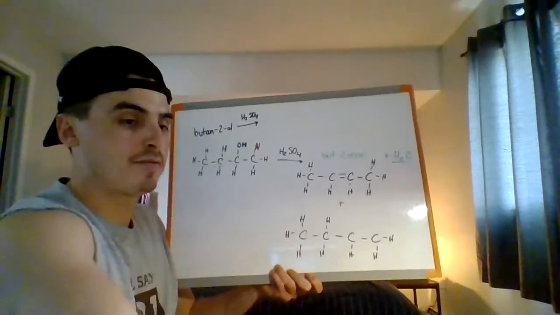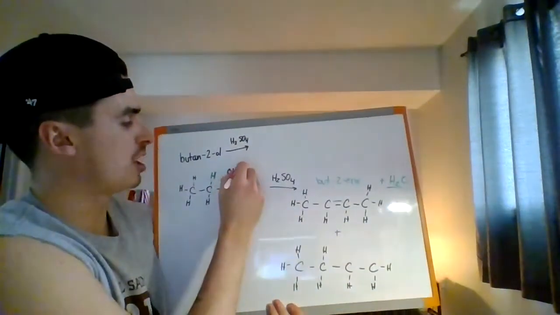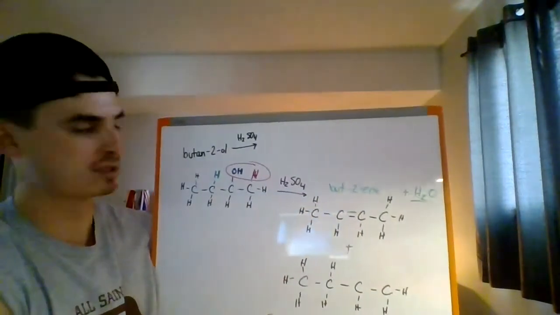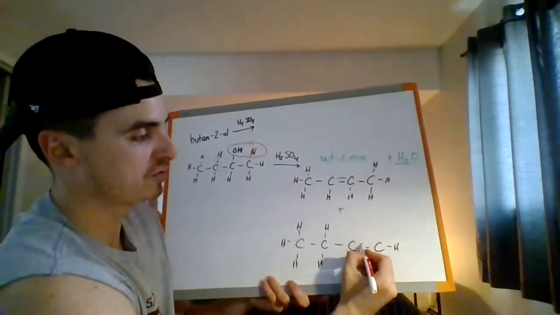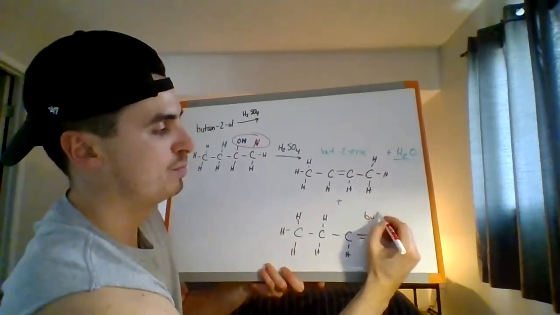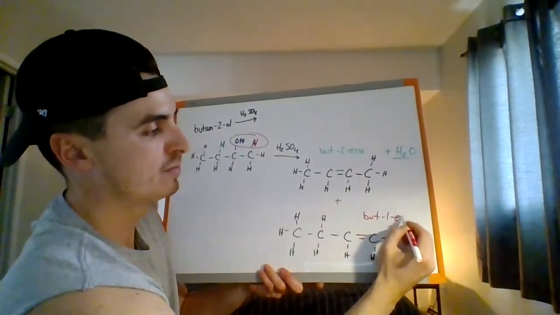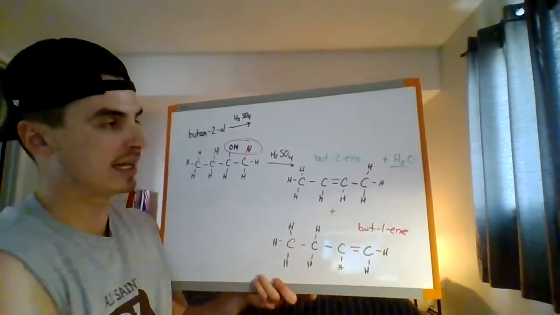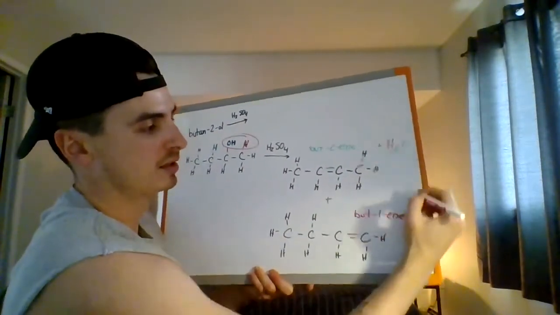If I eliminate the hydrogen from the first carbon, so if I get rid of those two things, I'm going to have a double bond between the first and second carbon. This chemical will be but-1-ene, or 1-butene. And again, water is going to be a product as well.